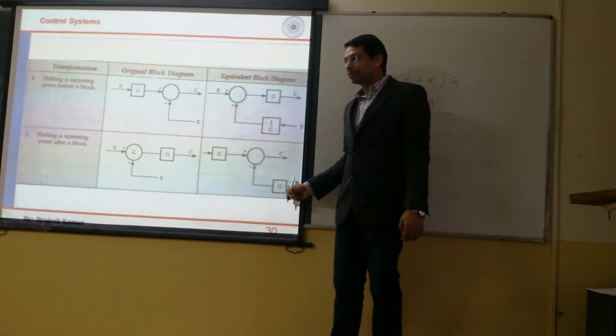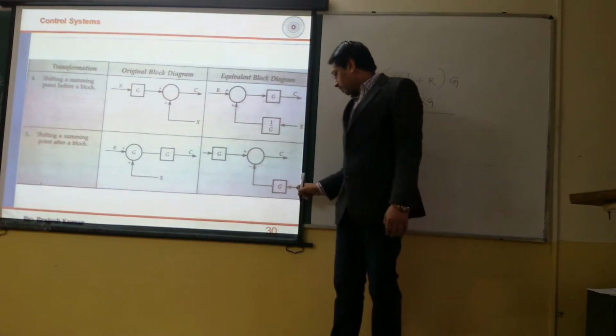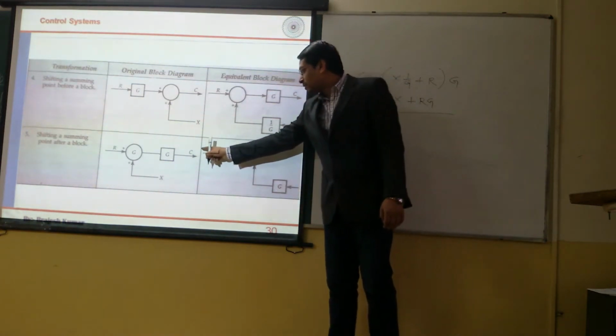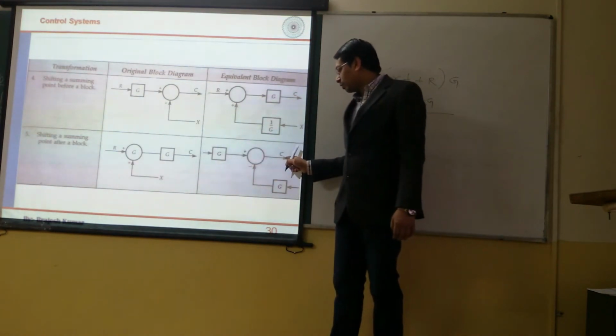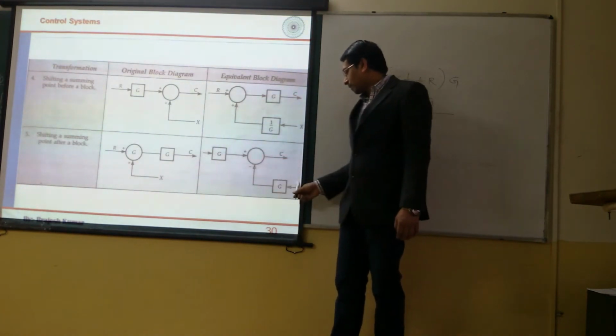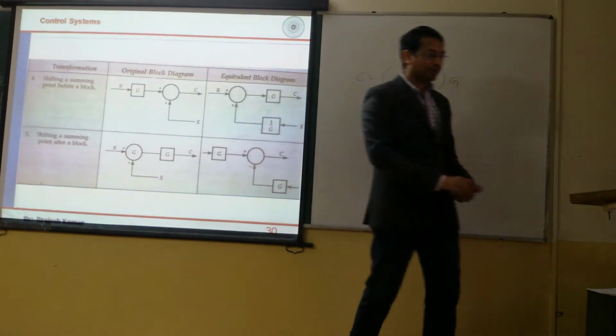Now it is okay because you will get G multiplied by R plus X. Here also you will get C equal to G multiplied by R plus X. Correct?